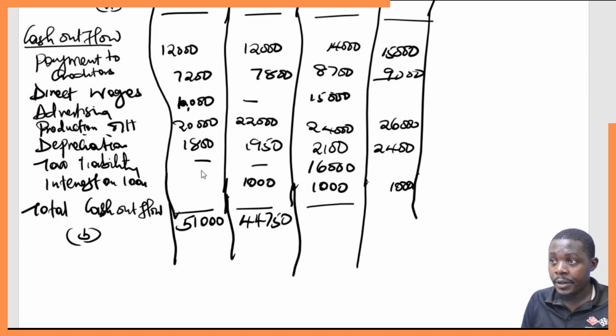Have 1400 plus 87 plus 15,000 plus 24 plus 21 plus 16,000 plus 1,000. Have 80,800.